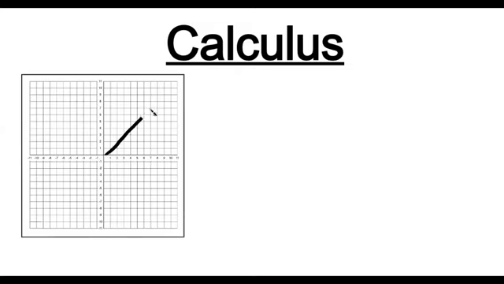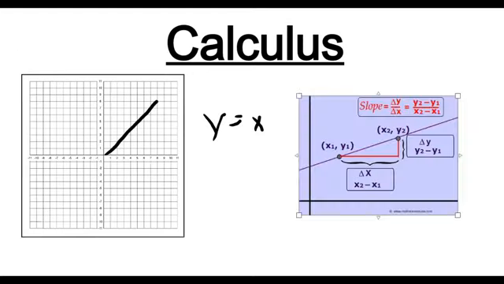So if we have a graph something like this, which would be y is equal to x, how would we calculate the slope? Follow this formula, like I said: y2 minus y1 divided by x2 minus x1.